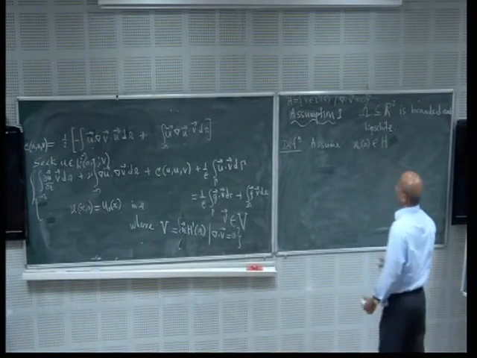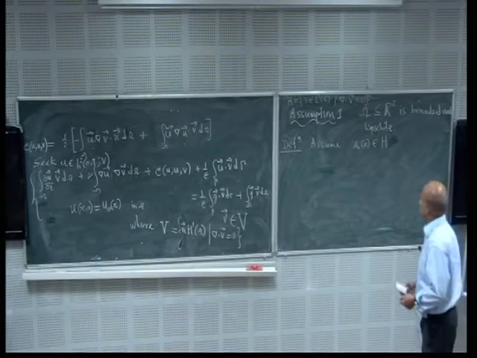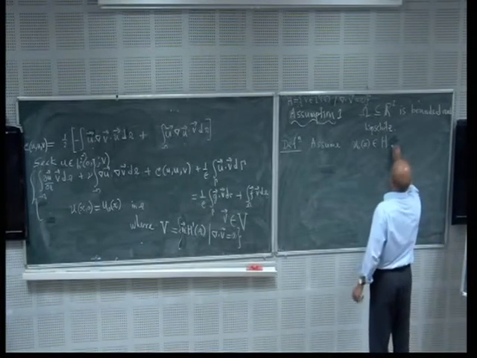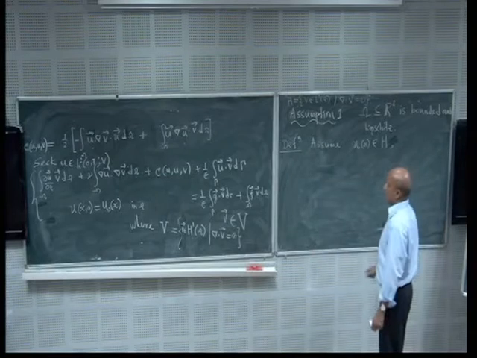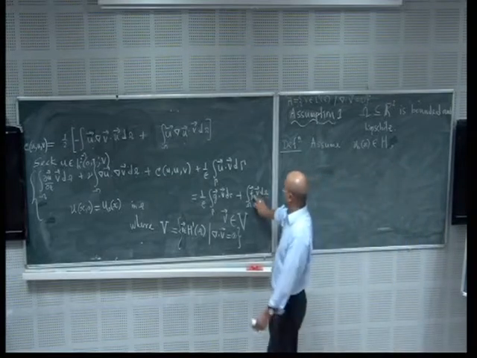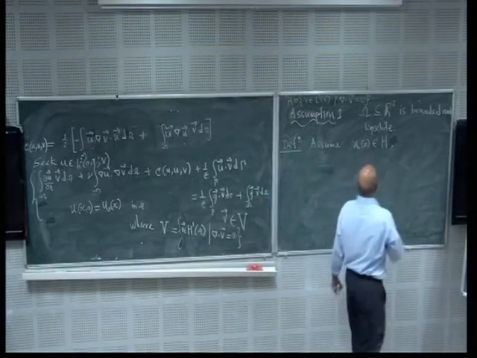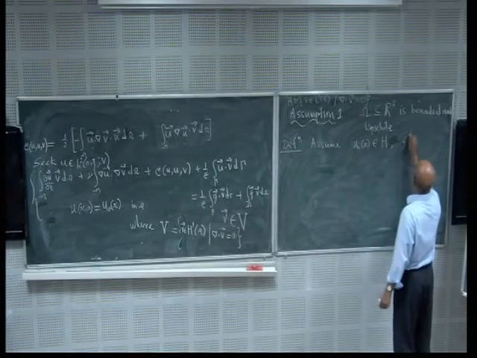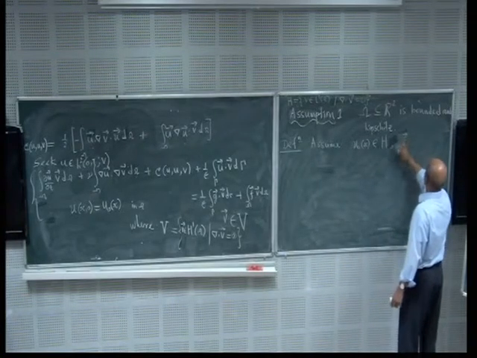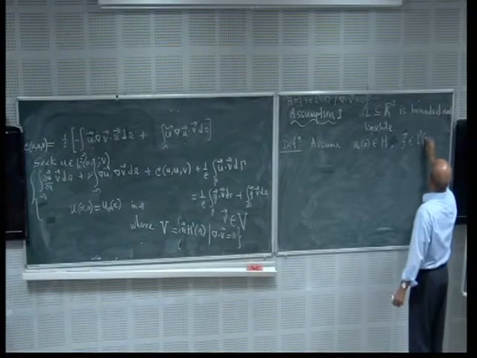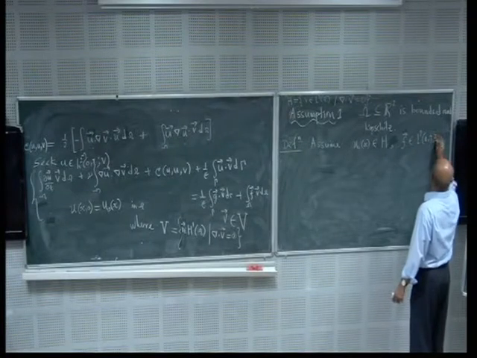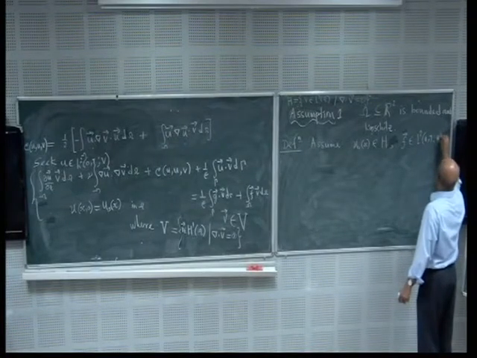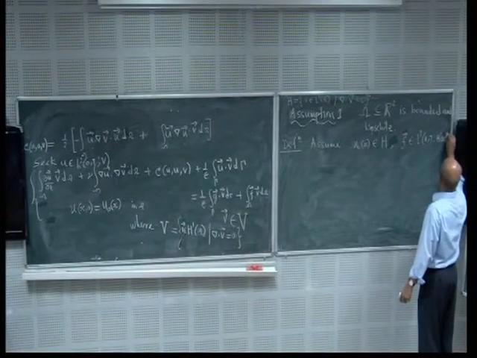So I'm taking L2 initial conditions, and I have a right-hand side F, the forcing. I could take F to be L2, but I'm going to take F in H1(omega) star, the dual of H1(omega).